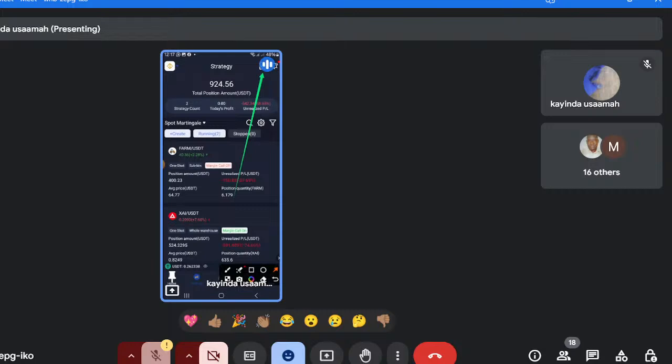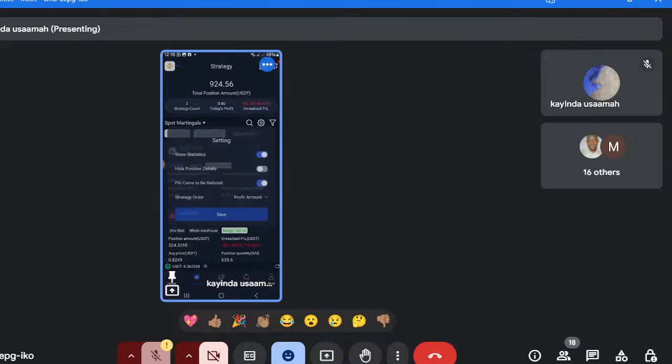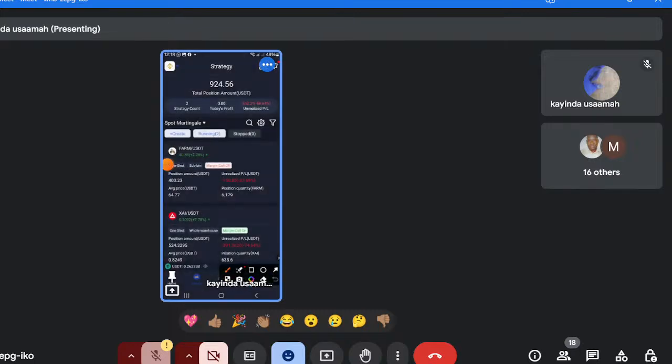how to see a summary of your coins. For example, tap them, tick the first option and the last option, then you save. When you save, you are going to get this box.